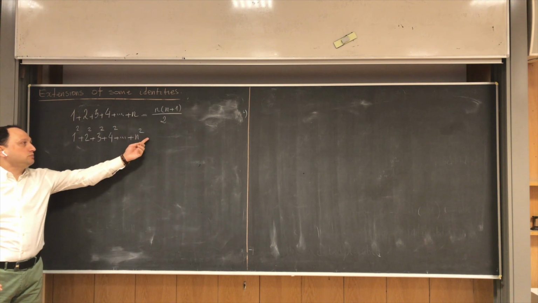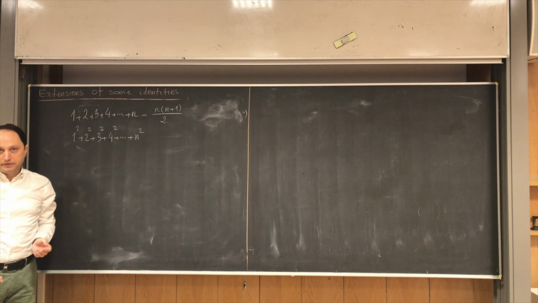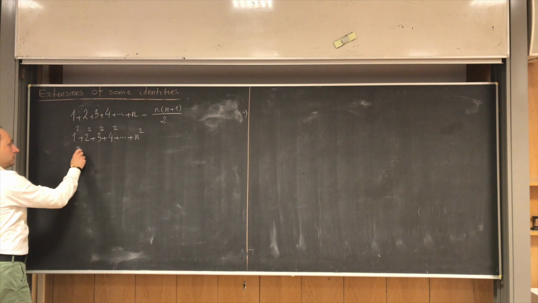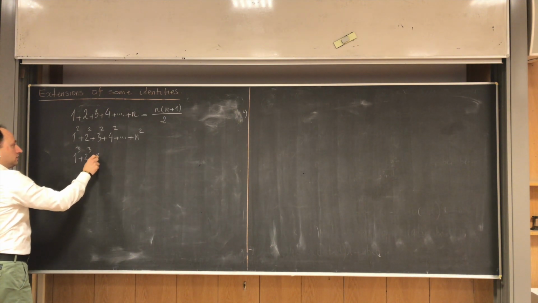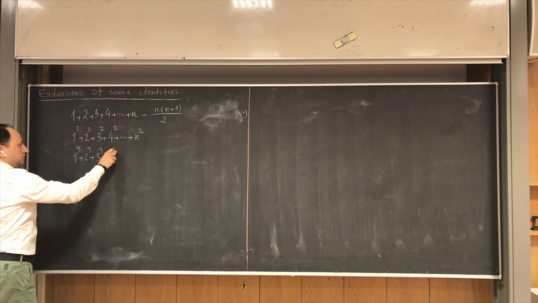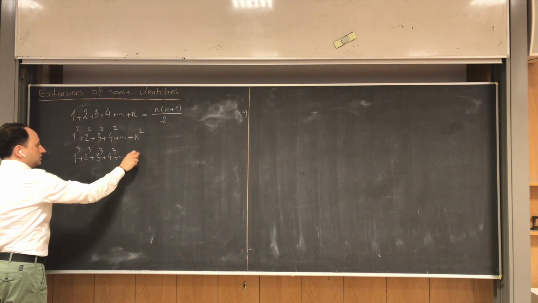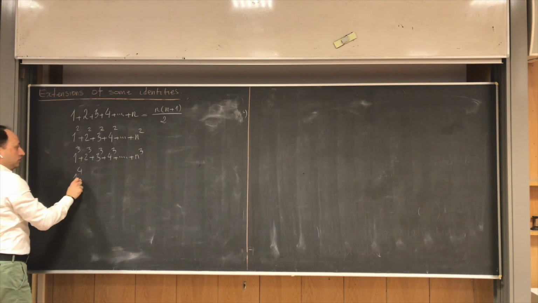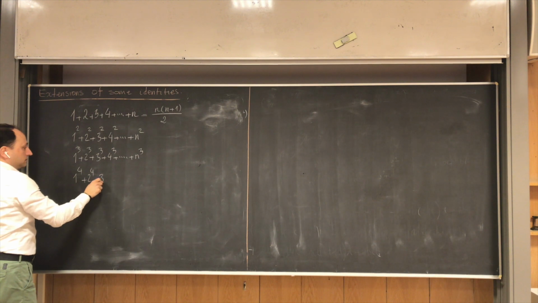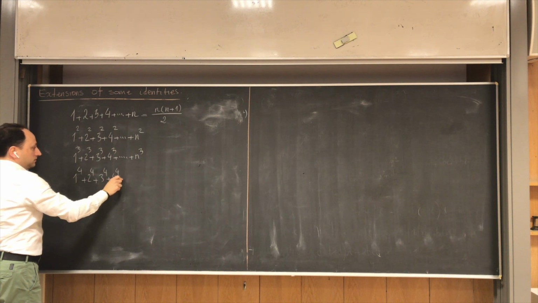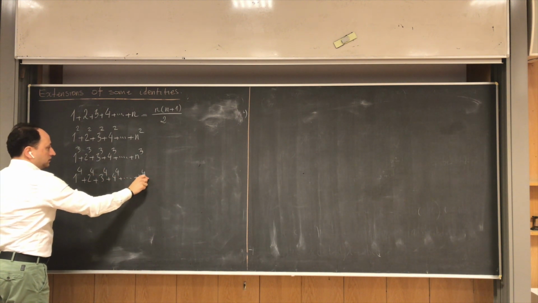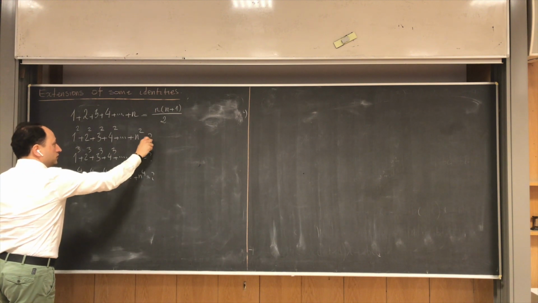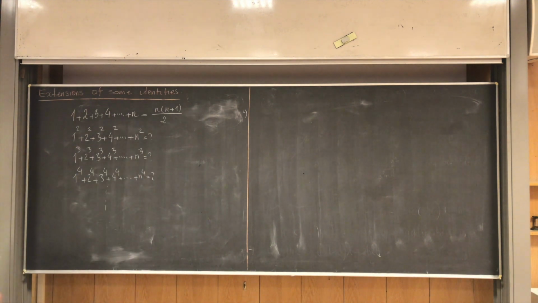Can I write a simple formula for this expression? Yes. And then I can write a formula for this expression. So these are the questions. Of course, you can continue this list.